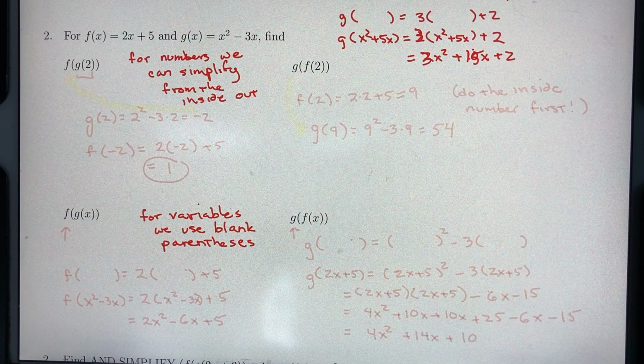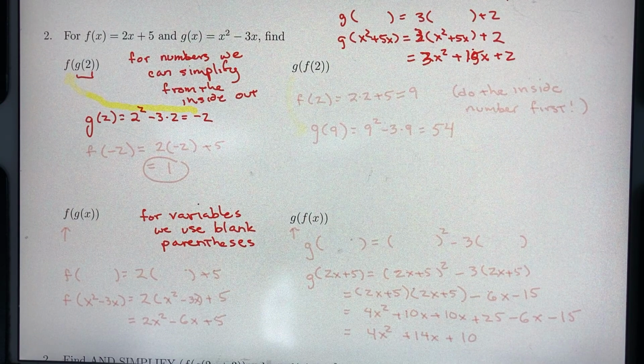F of g of 2, we find g of 2 first, the inside out. 4 minus 6 is negative 2, and then we take that answer and stuff it into F. Do that with highlighters so it's a little easier to tell that it's a direction.